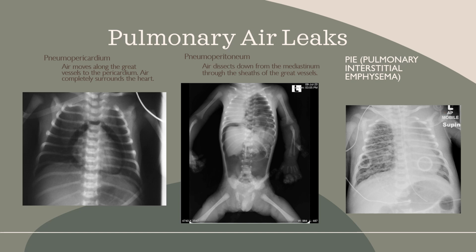It really does occur primarily with babies who have RDS and who are on mechanical ventilation. With the mechanical ventilation, we have to give enough pressure to keep the alveoli open, but it can also cause the alveolar duct to rupture. And that's what leads to the escape of air into the pulmonary interstitium.